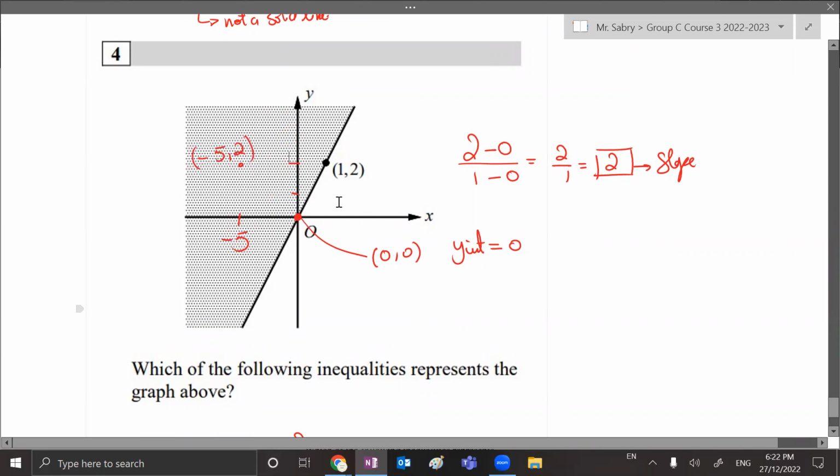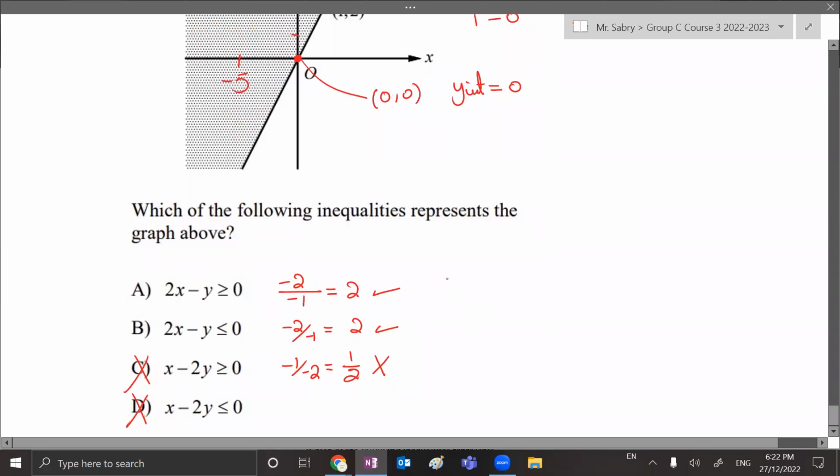Any point in the shaded region and substitute مكان ال x negative 5 ومكان ال y 2 and check if it's فعلا bigger than 0 or not. 2 times negative 5 became negative 10 minus 2 bigger than 0 يعني negative 12. Is negative 12 bigger than 0? No, not true. So therefore, this equation or this inequality is not right and I have to select the other one. خلاص that's it, that's the answer.